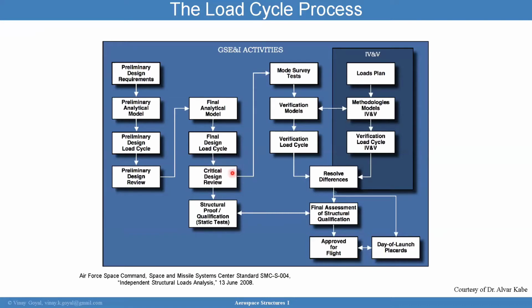So after here, every component is checked against a modal survey. What modal survey is doing is you're hammering the component, you're getting the vibration frequency, but also the mode shape. This mode survey is verifying that the dynamic properties that you have used in this vehicle are correct.